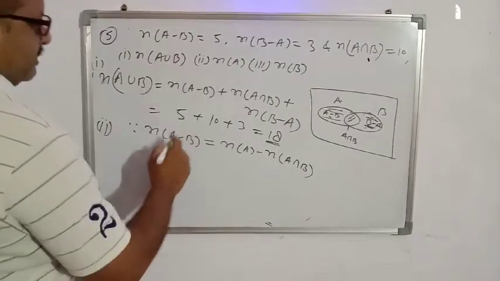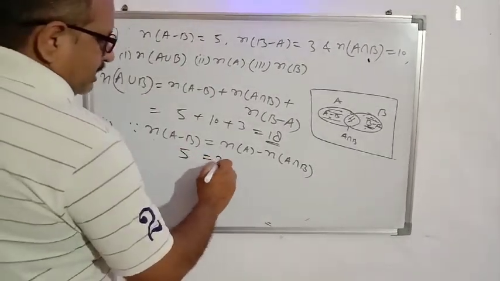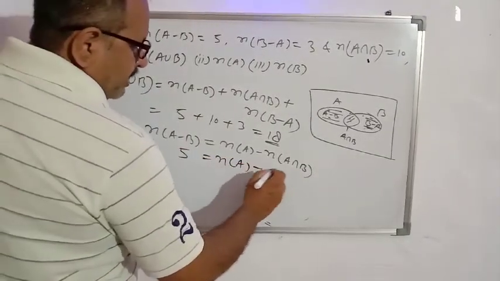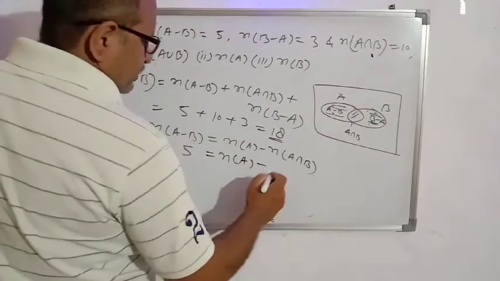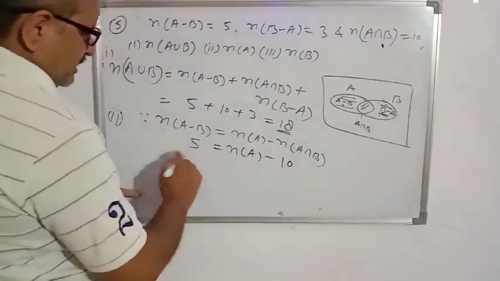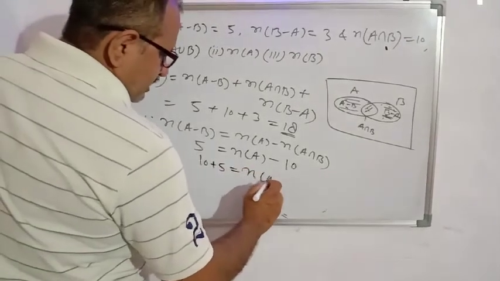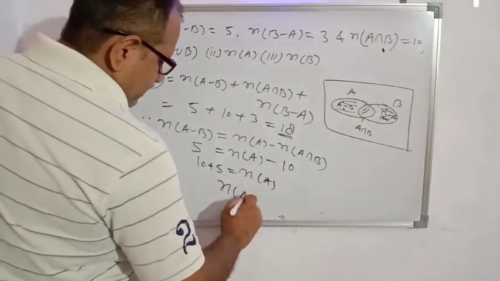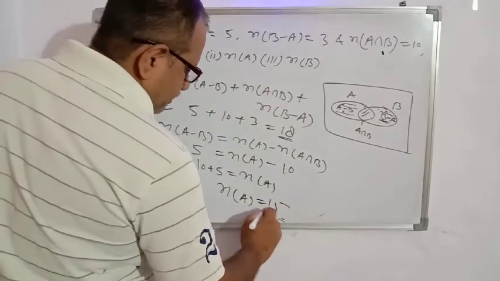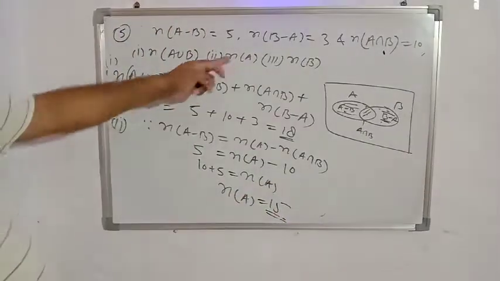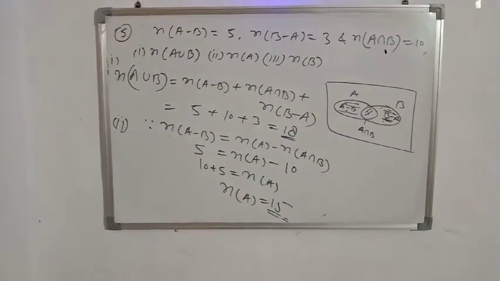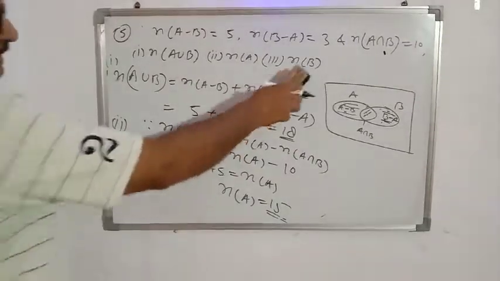The n(A minus B) value is given as 5. We have to find n(A). n(A intersection B) is 10. Transpose minus 10 to the left side. So 10 plus 5 is n(A). So n(A) is equal to 15. It is the second part. Similarly, we can do the third one, n(B).